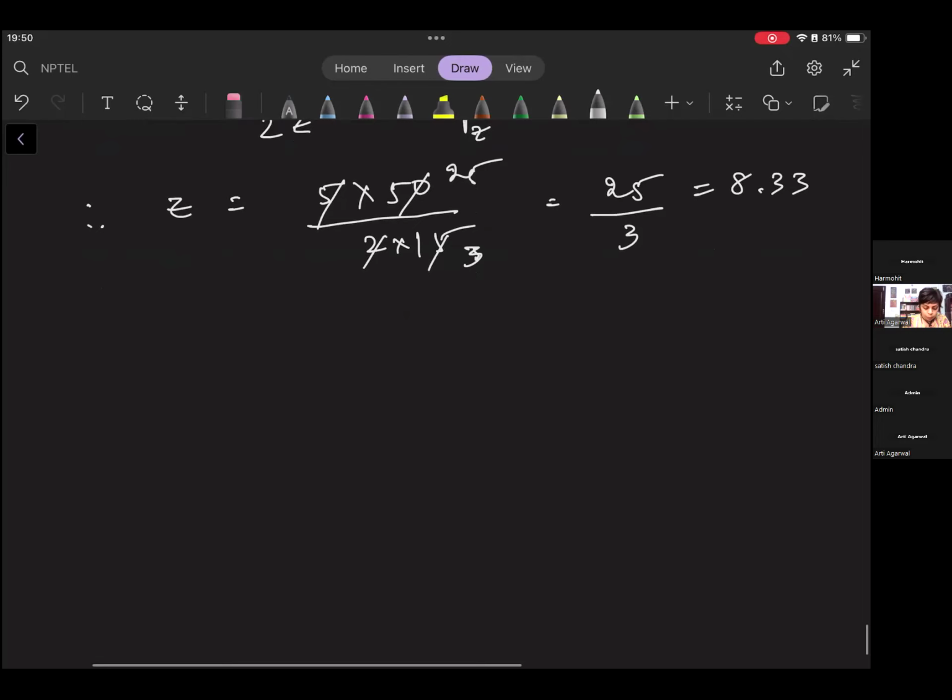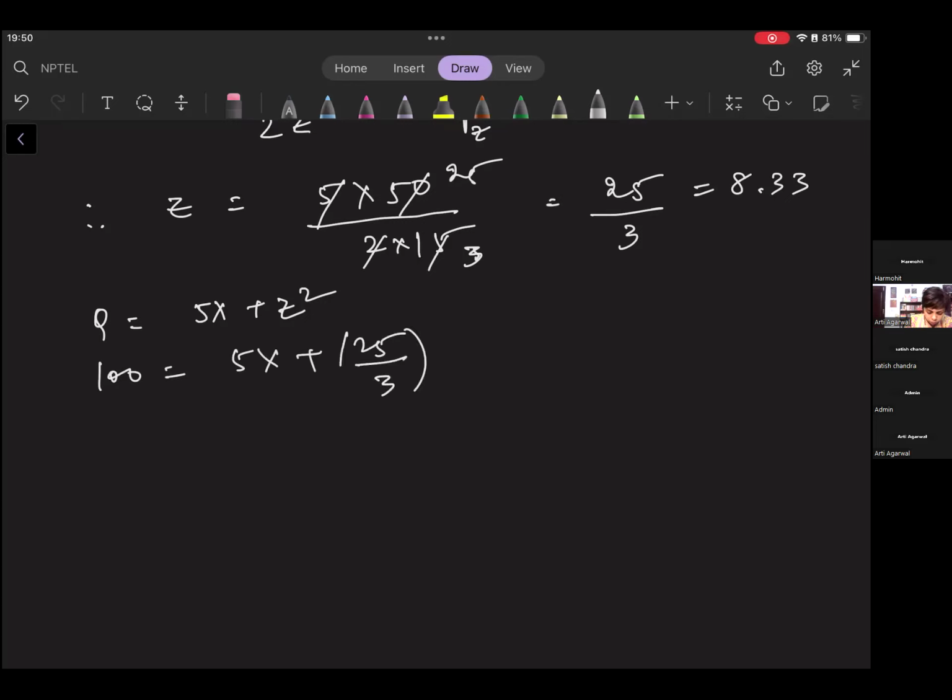Now, how do we calculate the value of X? That's simple now, you know the function. So we're given the value, just plug in all the values, and we can just calculate this, whatever this comes out to be.